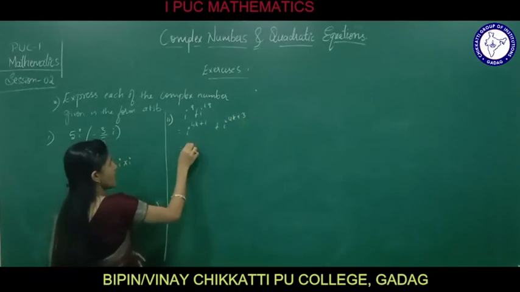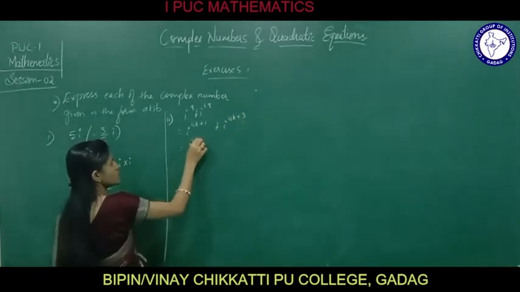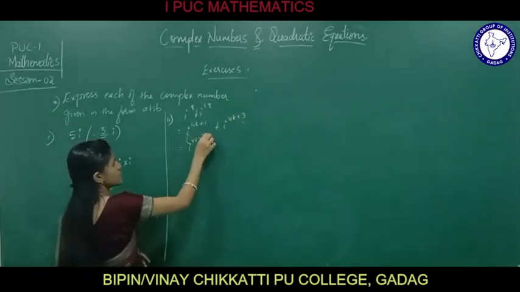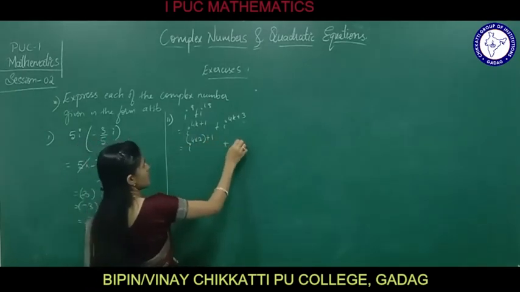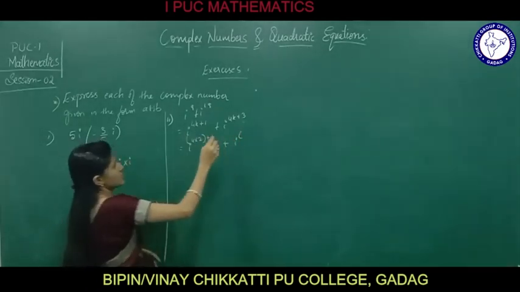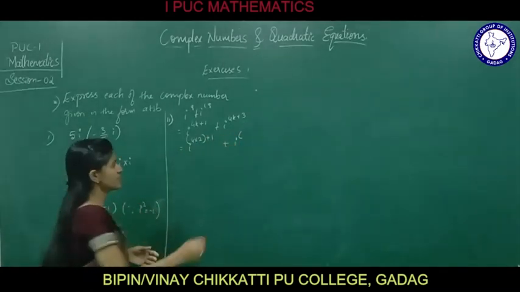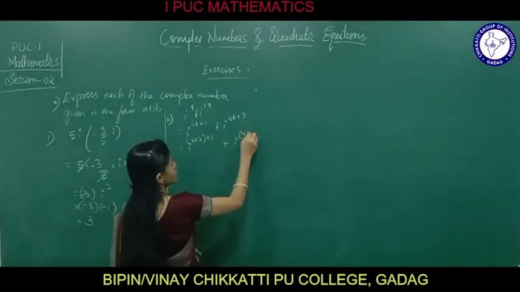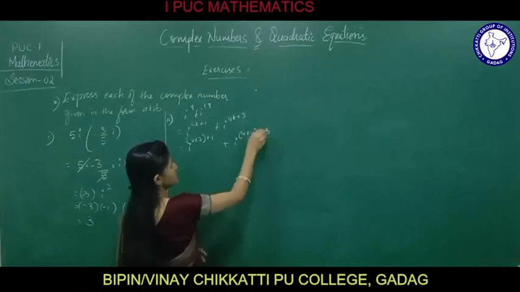That is i raised to 4 into 2 plus 1, plus i raised to 4 into 4 plus 3.